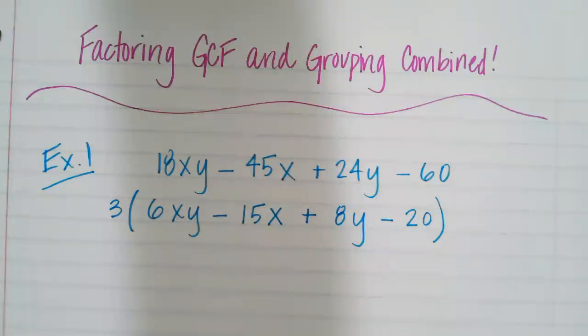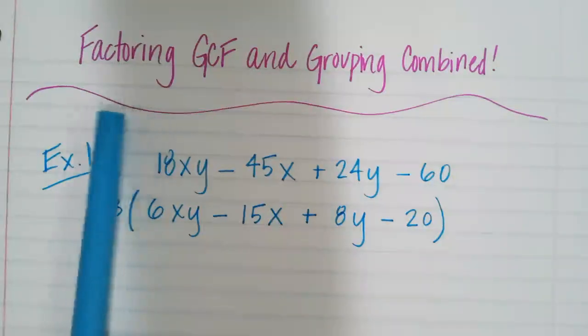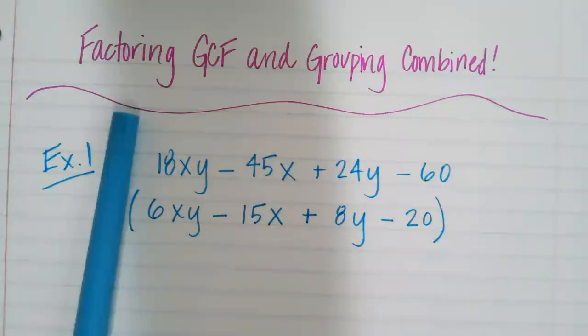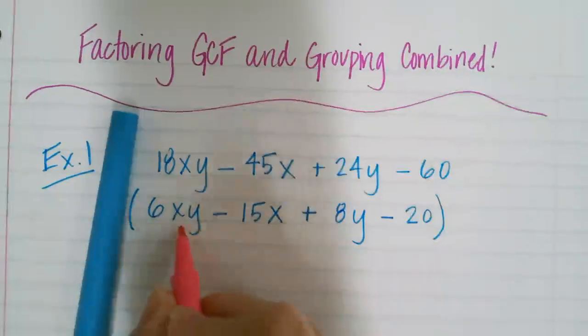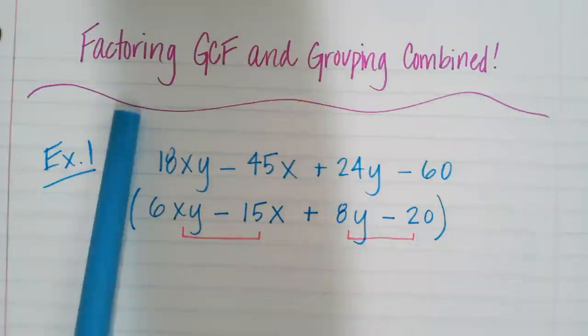Okay, but for right now, I'm just going to temporarily pay attention to the 4-term polynomial that I have left over, which is going to be a grouping problem. So if we do the first 2 as one group and those 2 as the second group.